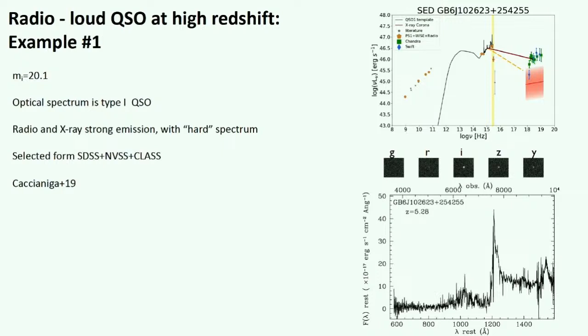In particular, in the X-ray band, the emission that we detect is significantly larger than the expectation from the corona. So in this object we have the emission of the jet in the radio band and X-ray band, while the optical emission is not affected by the presence of the jet.